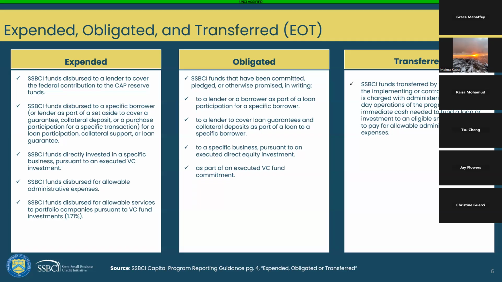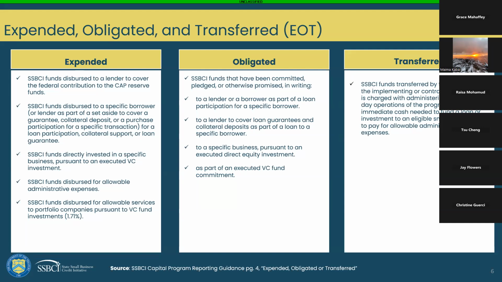Moving to obligated. For transactions to be considered obligated, SSBCI funds must be committed, pledged, or promised in writing. The key to distinguish expended from obligated in a loan or credit transaction is that for the obligation, the loan has not contractually closed, whereas for an expended transaction it has closed.